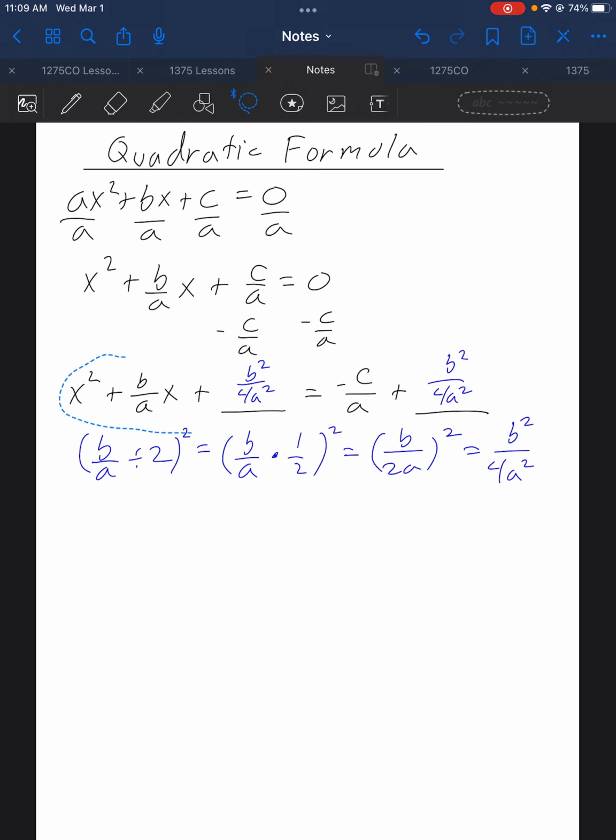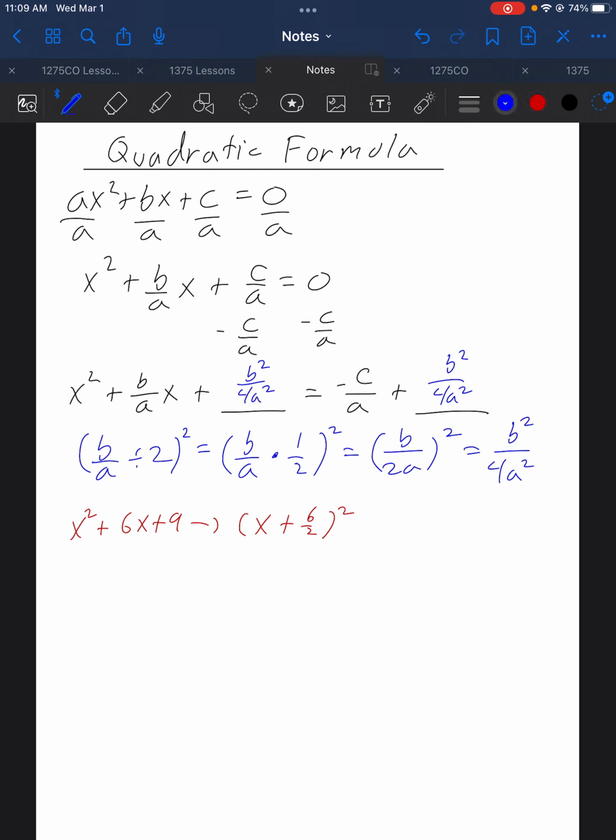So now this is factorable, and it might seem confusing to factor this, but remember the one thing we talked about was that a perfect square trinomial, for instance, x squared plus, let's say, 6x plus 9, factors into x plus 6 over 2 to the second power.